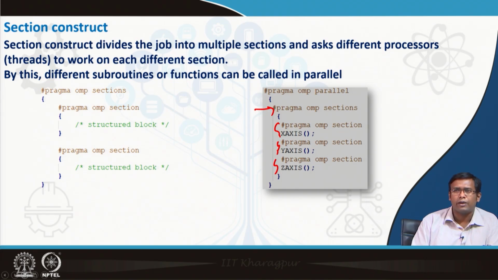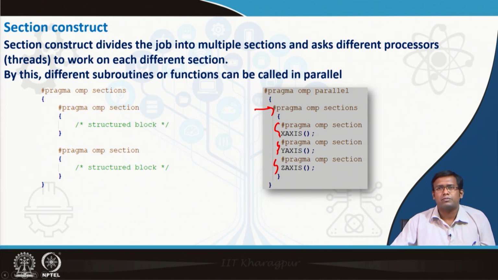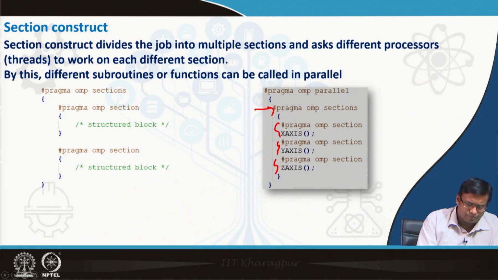In case you are not working on a do loop, or on a strict SIMD architecture where the same instruction is operated over different parts of the data, but you want an MIMD type of architecture, where there will be different data and different instructions processed in parallel, the OMP section is a very useful construct.